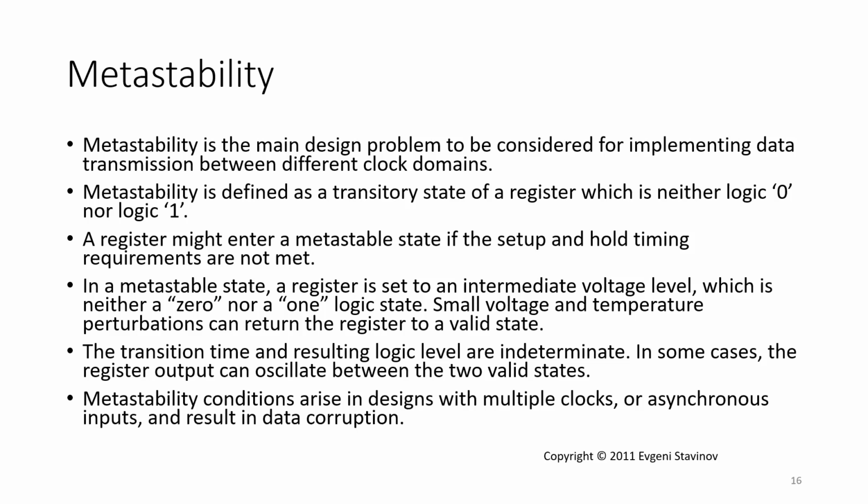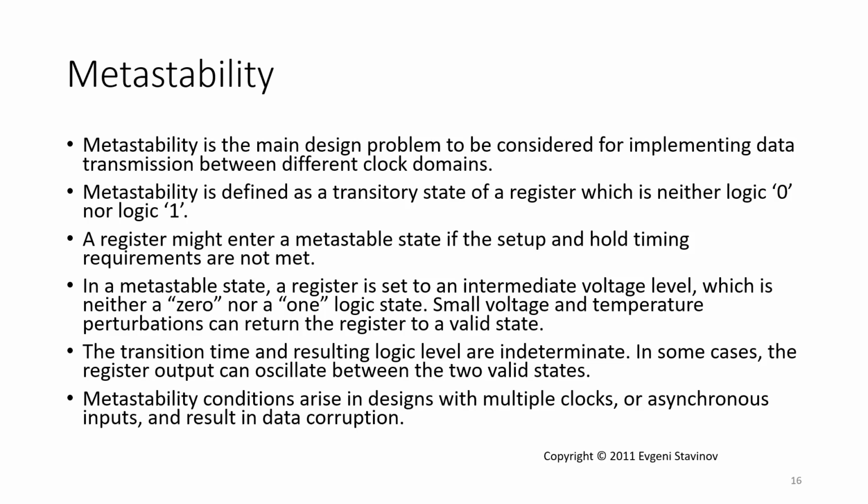If the setup time or the hold time are not very well observed, I may not get the correct data. I may get myself into what is called metastability. Metastability means my signal is changing, yes, but it didn't reach 1 and it is not 0.